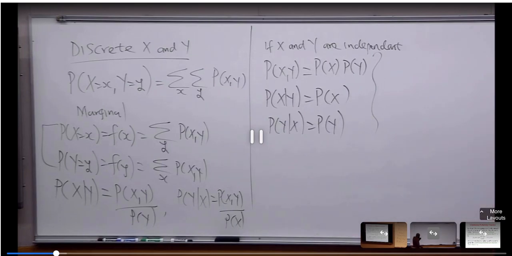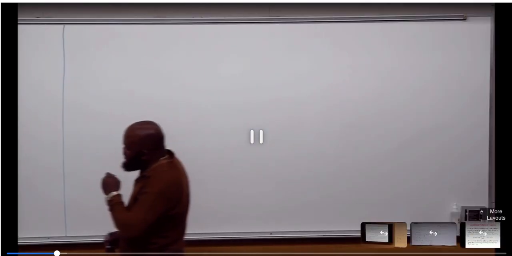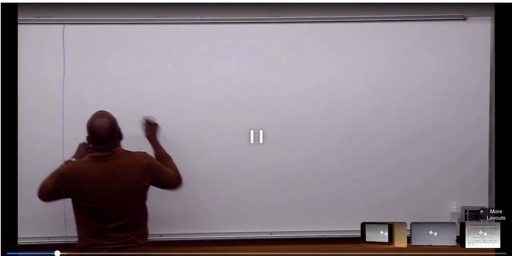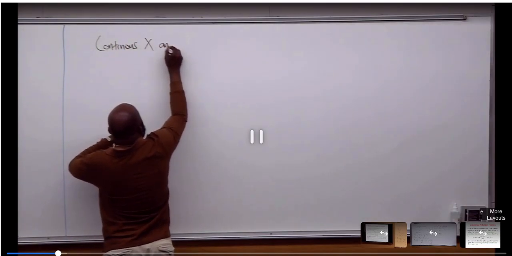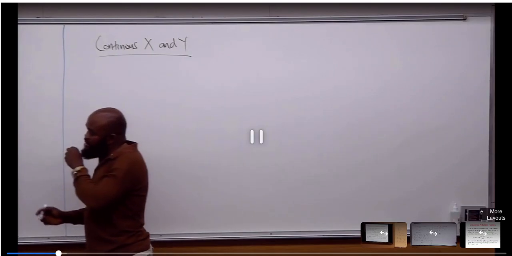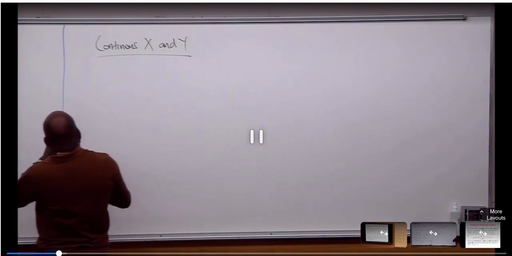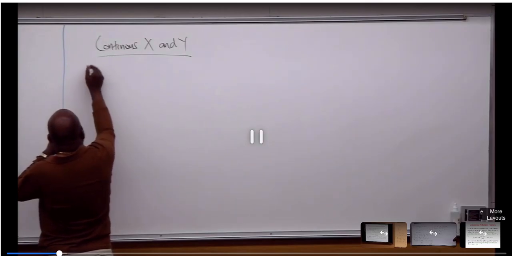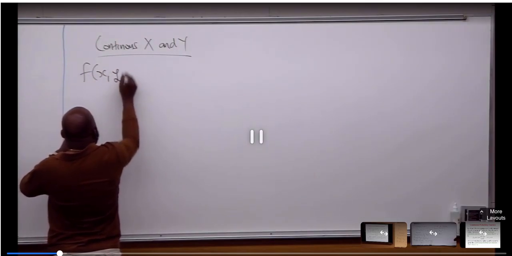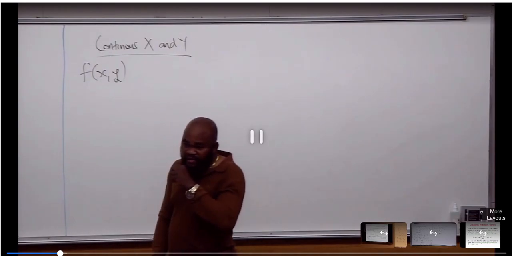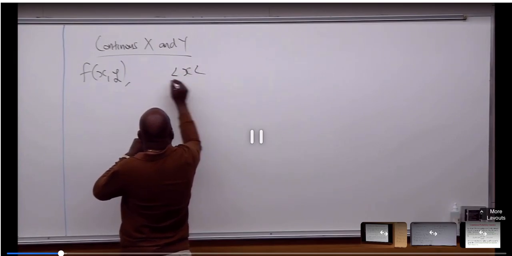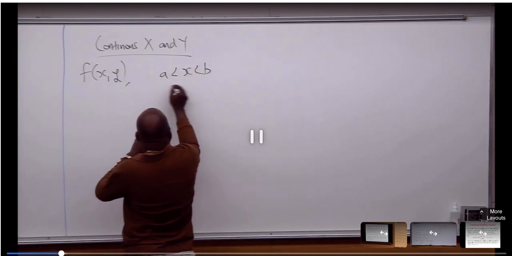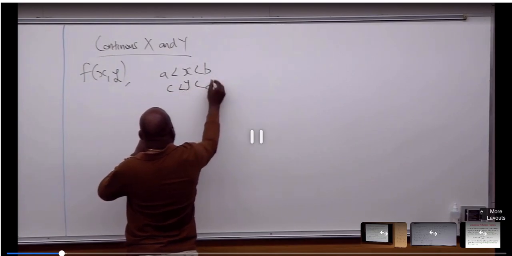Okay, so I'm now going to go into a situation where x and y are continuous. So for continuous x and y, I'm going to have f of x, y. And having f of x, y, x is going to have a state space, and y is also going to have a state space.